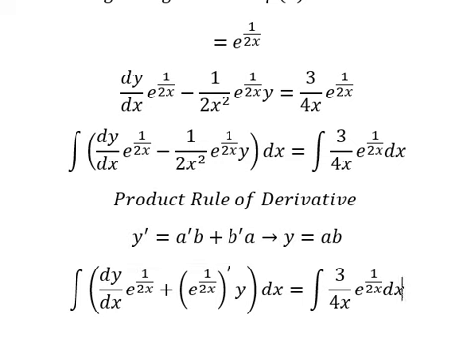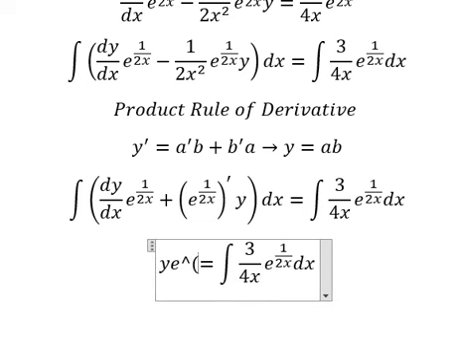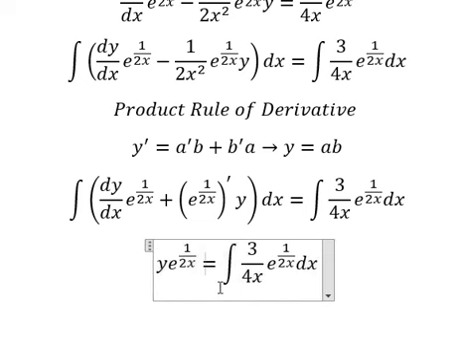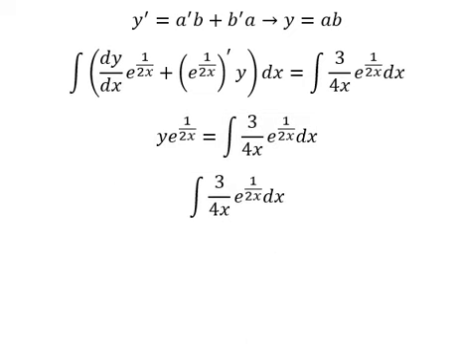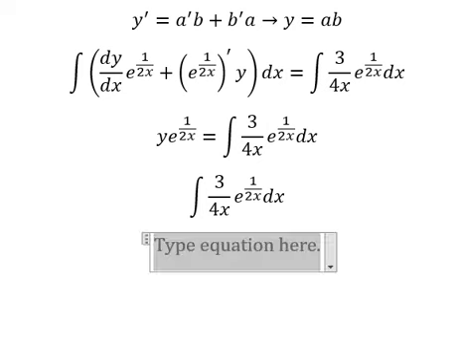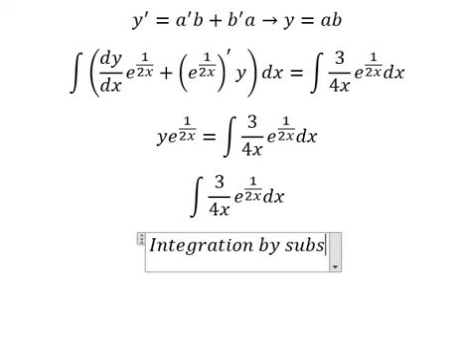So the integration of that one, we have y e to the power of 1 over 2x. And now we need to focus on this one. So we can use about integration by substitution.